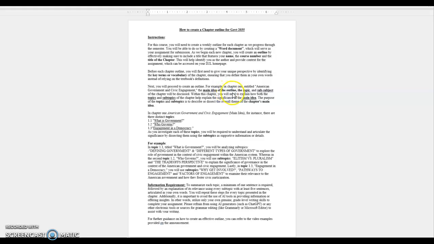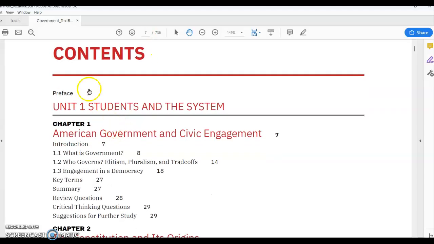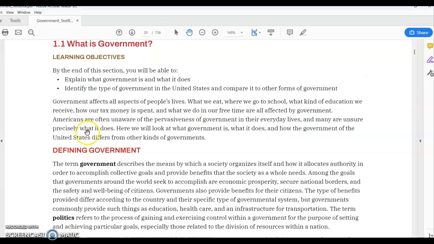Next, you're going to create your outline by identifying the topic and subtopics. Now, every chapter has a different amount of topics and subtopics. For instance, chapter 1 has 3 topics.